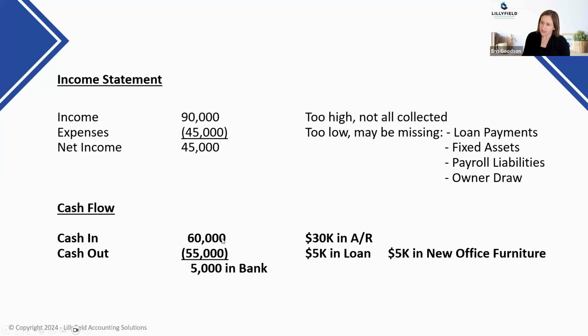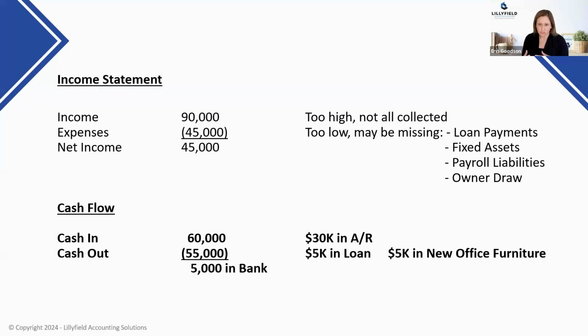Well, within that $55,000 number, we had our bills, our payroll, just our regular expenses, but we also made a payment of $5,000 to repay a loan, and we purchased $5,000 in office furniture. Those amounts aren't going to show up on our income statement.